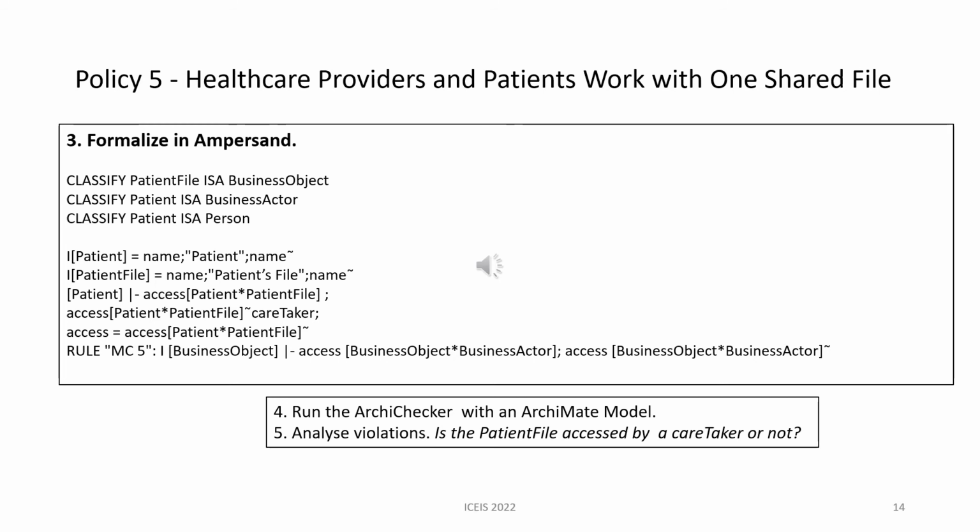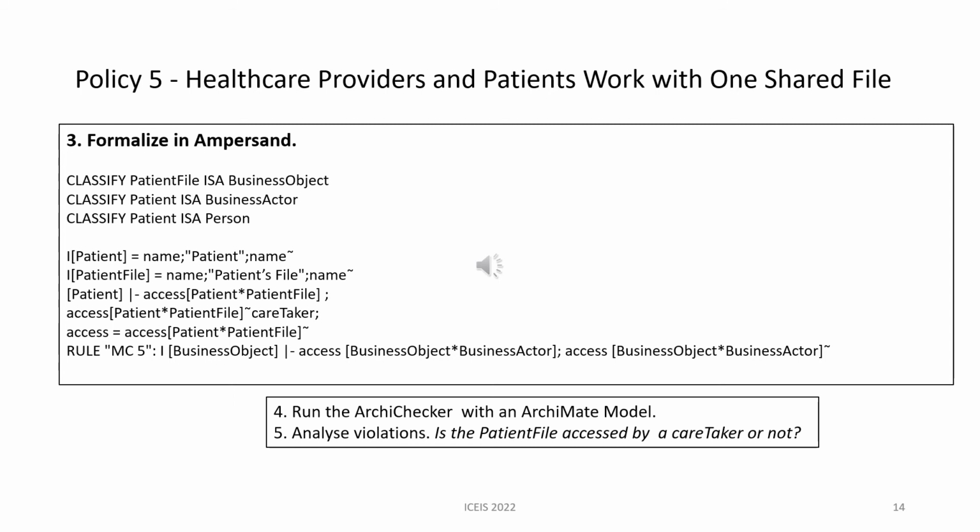For practical use, for communication with architects, we are more interested in a readable form of violations. For this, we add in Ampersand a constraint specification, so the ArchiChecker can produce readable sentences.